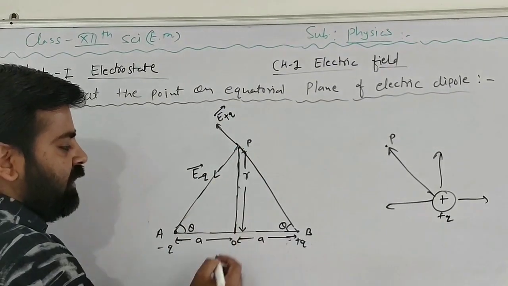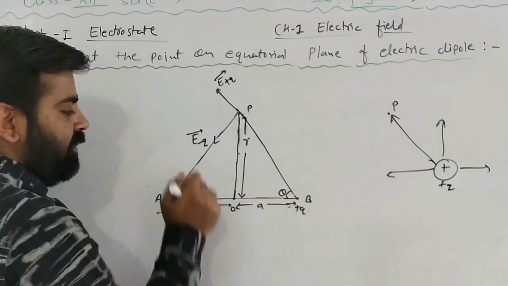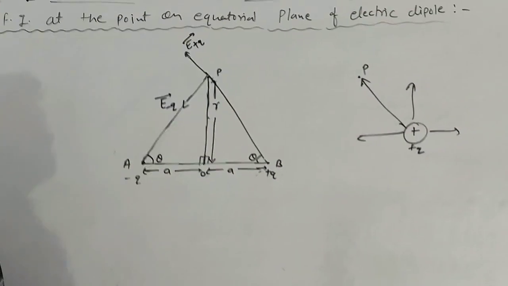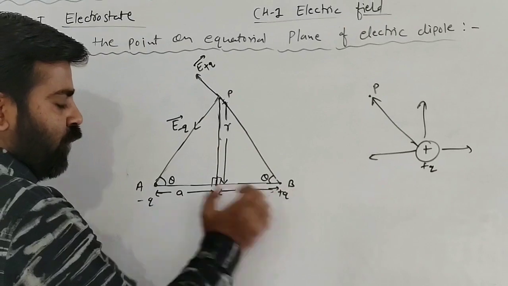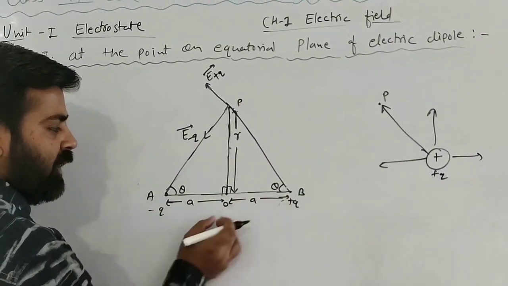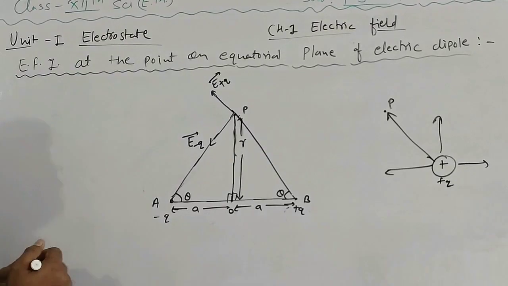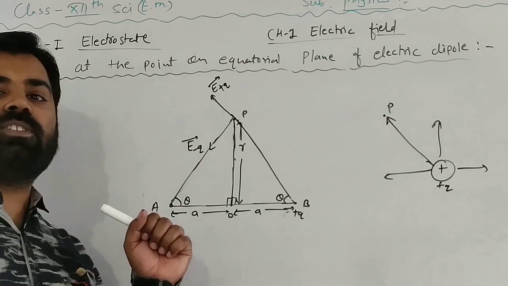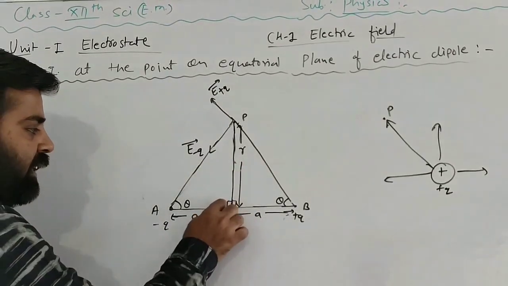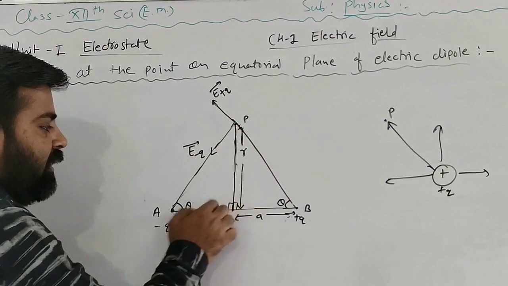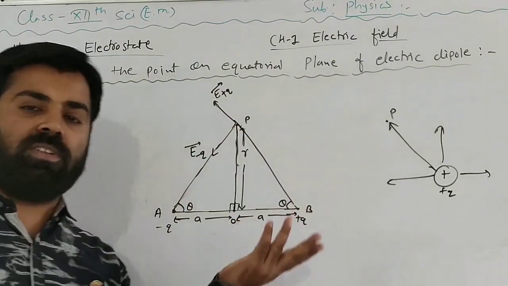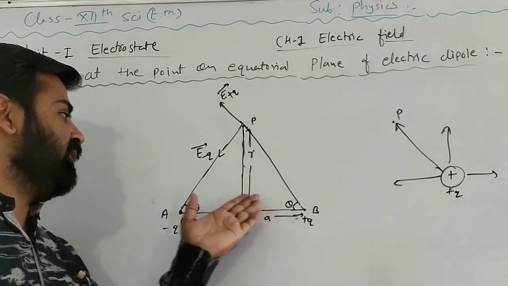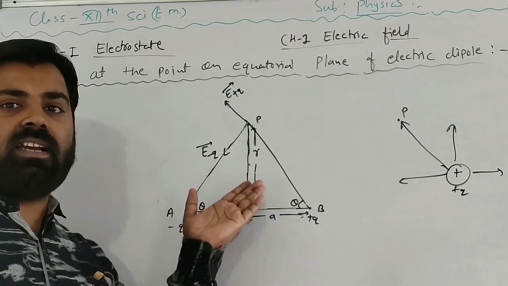In both triangles, angle AOP and angle BOP are 90 degrees, AO is equal to OB, which is equal to a, and OP is common. So by side angle side, both triangles are congruent. Due to congruence, all these angles and their sides are equal.